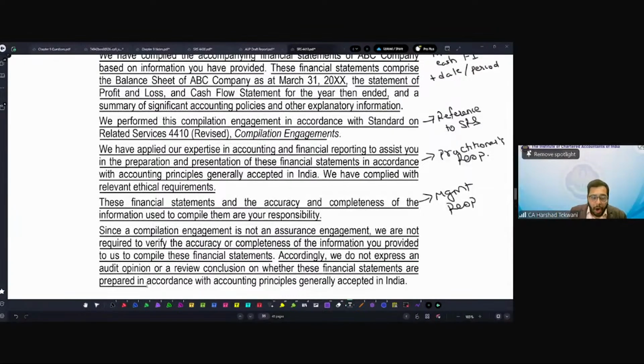Accordingly, we do not express an audit opinion or a review conclusion on whether these financial statements are prepared in accordance with the generally accepted principles in India. So you can say these are kind of limitations or exceptions.